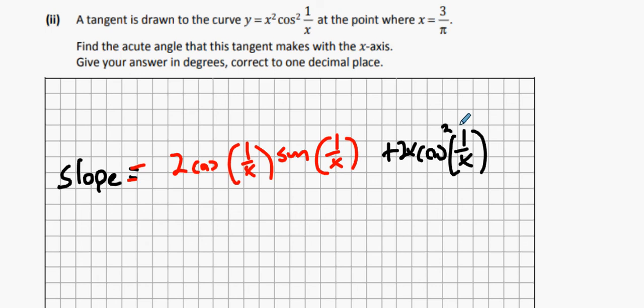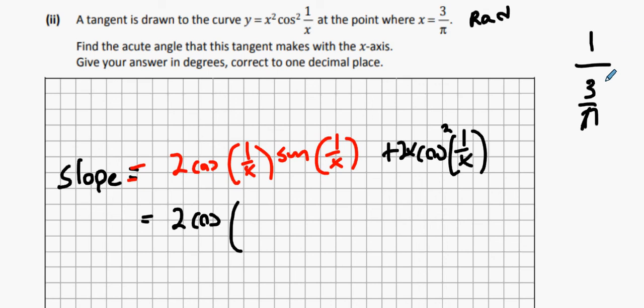Alright. Now, I'm going to put in 3 over pi. So 2 cos. Now it has to be in radian mode because that's definitely in radians, I'd say. So it's going to be 1 over 3 over pi. 1 over 3 over pi is just pi over 3. Okay? 1 divided by 3 over pi is pi over 3.